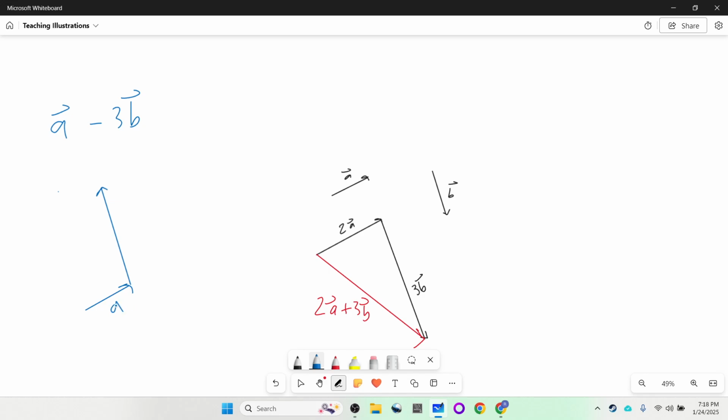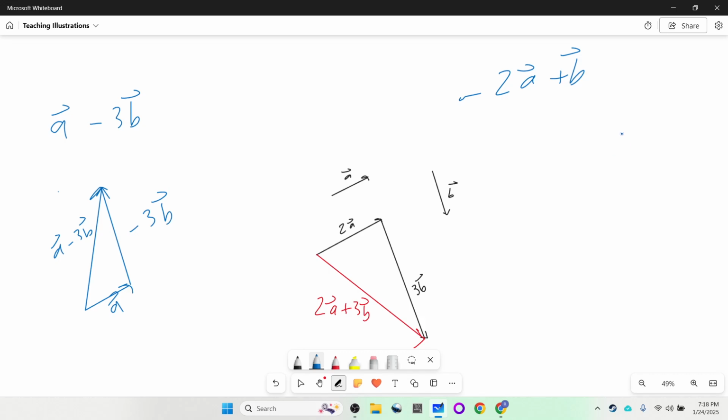This is a. This is negative 3b. So this is a minus 3b. How about negative 2a plus b?